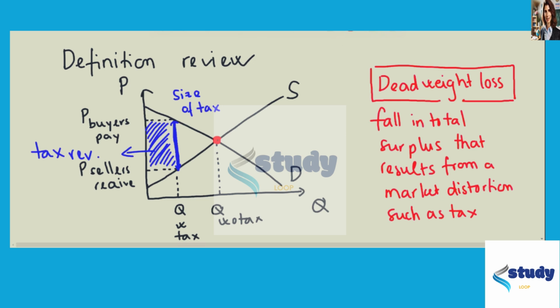Deadweight loss is this triangle, whose area is determined by the size of the tax and the reduction in quantity. The size of the triangle will depend on the elasticity of the supply curve and the demand curve.